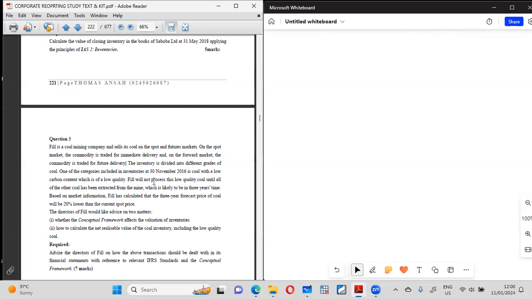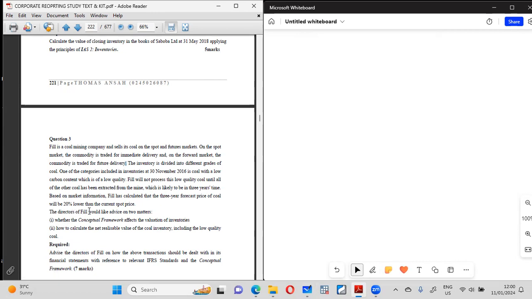Phil will not process this low quality coal until the other coal has been extracted from the mine. It means they will be keeping it. All right, which is likely to be in 3 years' time. Interesting. Based on the market information, Phil has calculated the 3-year forecast price of coal will be 20% lower than the current price.